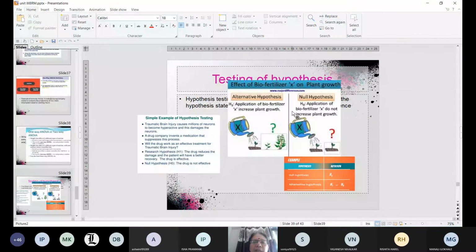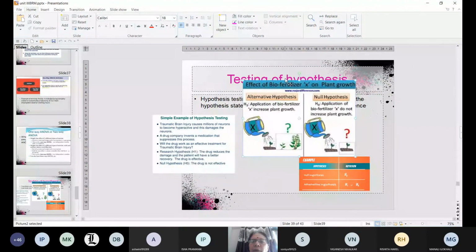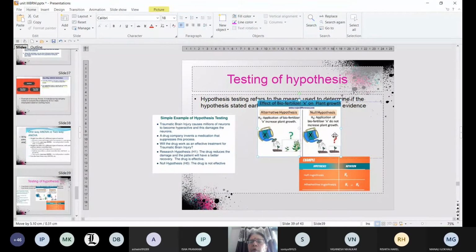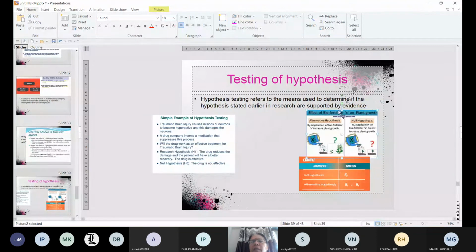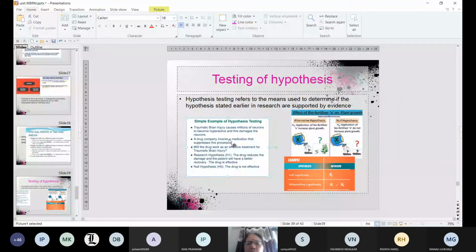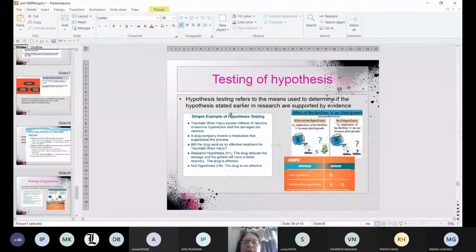Now we come to the last topic of our unit number 3, and that is testing of hypothesis. You might remember the various steps in the research process, where in step number 5 we had designing a hypothesis, or making a hypothesis. So what is a hypothesis? It is an assumption which you make before your research begins, right?